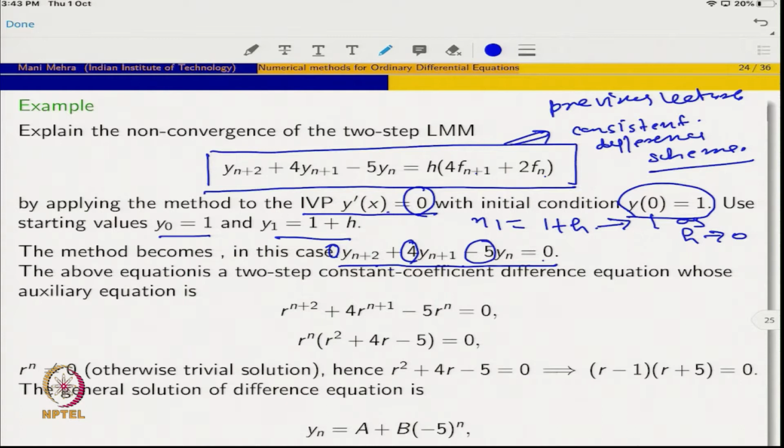And can you recall how you solve a differential equation? Initially I am concentrating only on homogeneous, because this is an example of a homogeneous difference equation. So, in a similar way I ask you to recall how you solve a homogeneous differential equation.